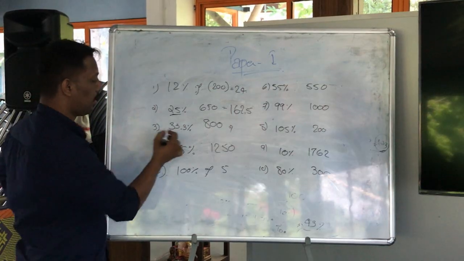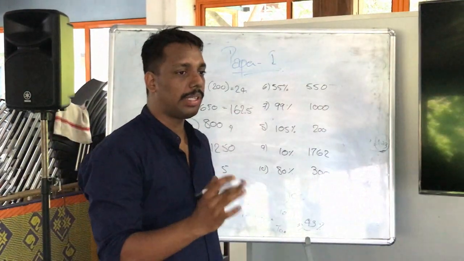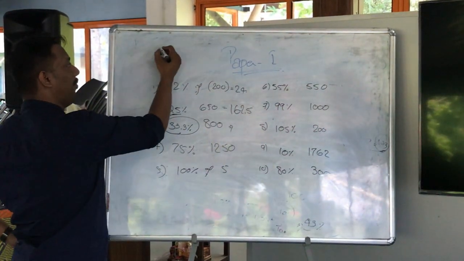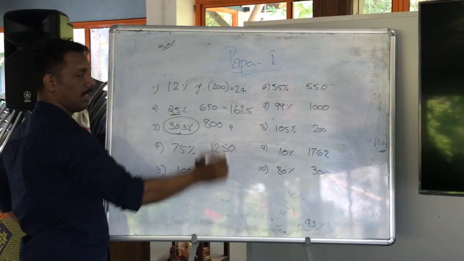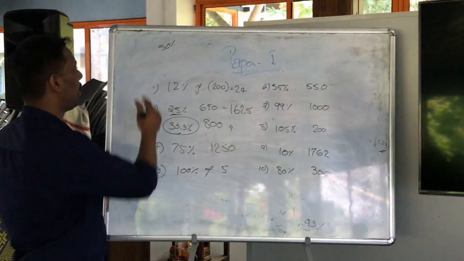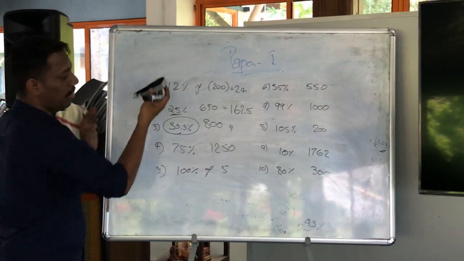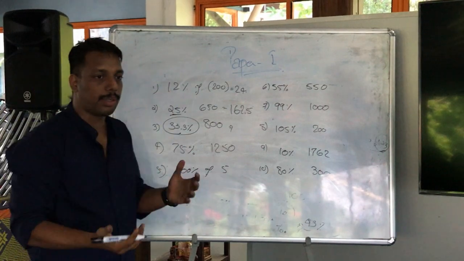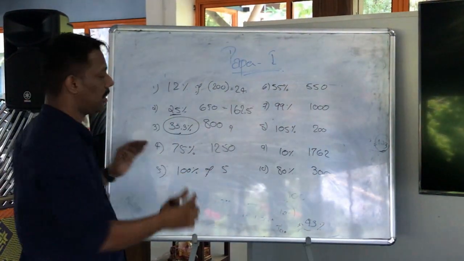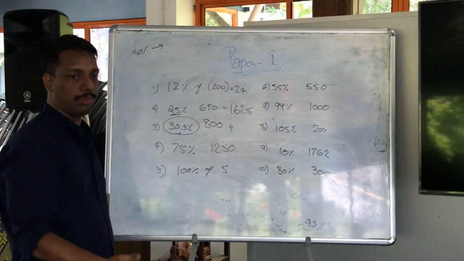Actually, what do you mean by 33.3%? The meaning of 33.3% you have to understand first. What is 50%? 50% means half, right? If you divide a number into two parts, 50% is 1 out of 2.